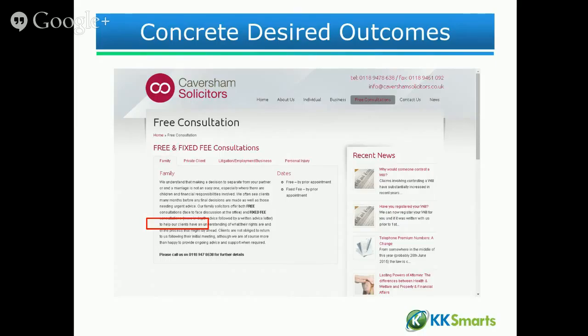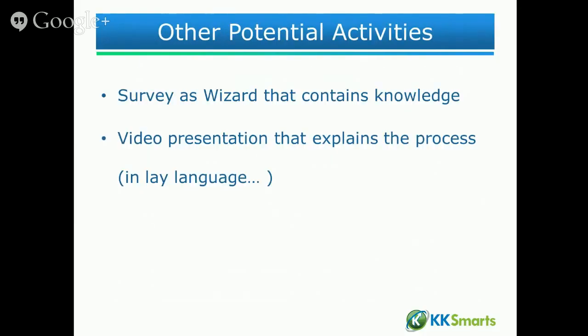So those are some simple examples taken straight from this website. What else might be? Well, there are lots of opportunities on the web for using surveys as a wizard, a thing that contains knowledge, asking people questions and giving them advice, right?